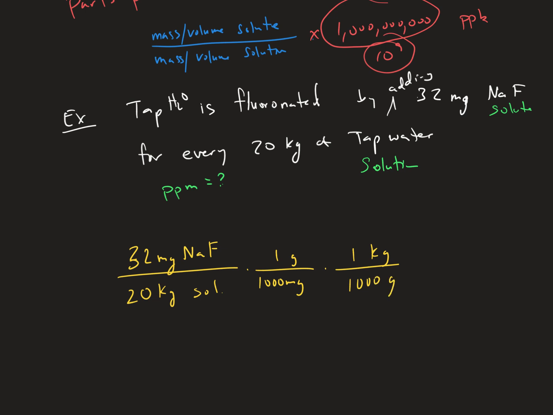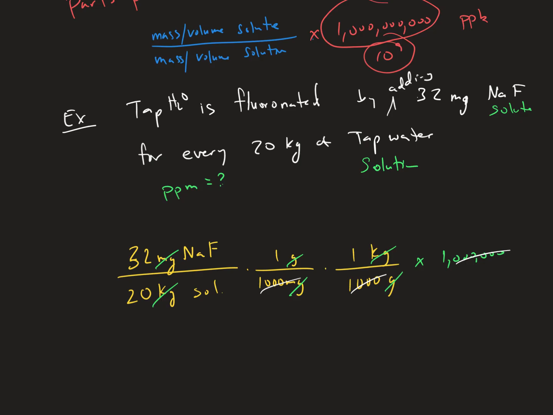What cancels? Milligrams, kilograms, and grams. That tells us we're doing it right. Everything cancels. Now what do? Times by 1,000,000. What else cancels? All those zeros. Will it always do that?